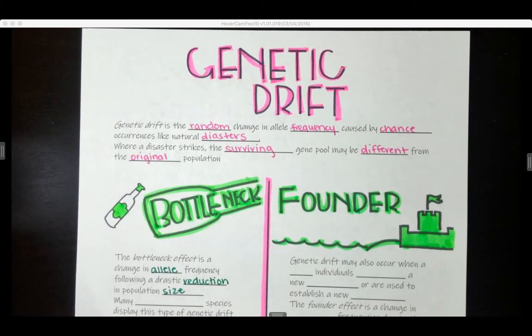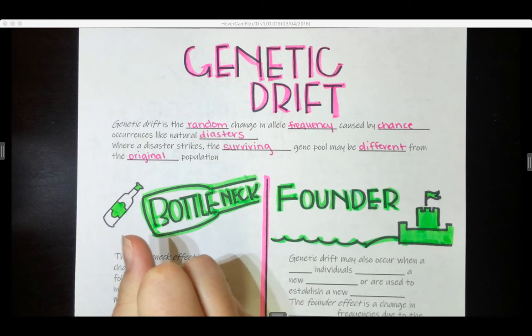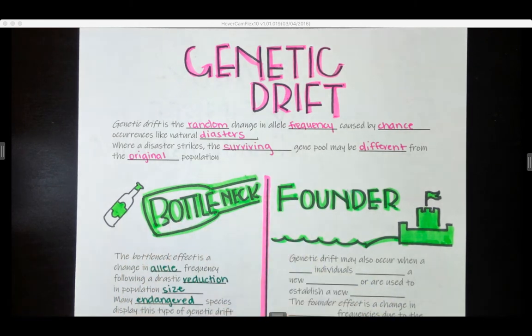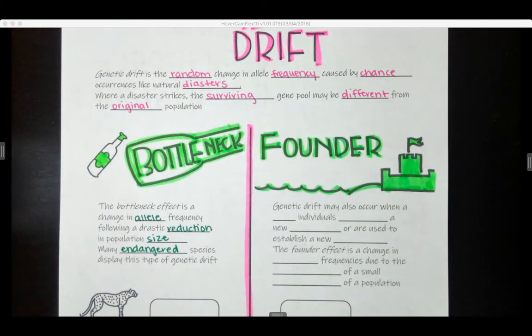So many endangered species display this type of genetic drift. The reason that we call it the bottleneck effect is because typically there will be some event that happens that causes only a few individuals to survive, like I was talking about earlier with the volcano eruption.